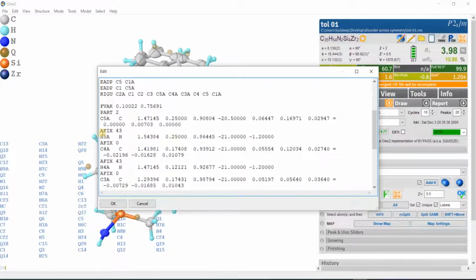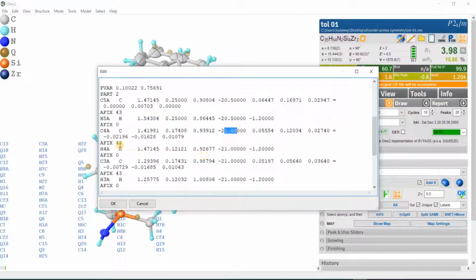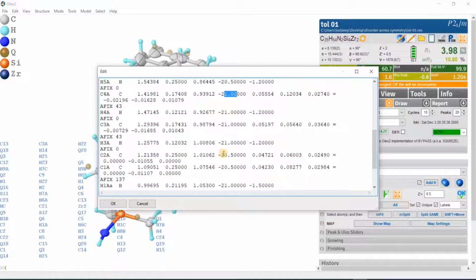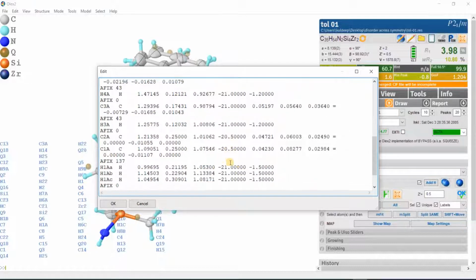Here C5A is only half occupied, so this should be 20.5. This is 21. This is 21. Okay. This is 20.5, 20.5. This should be 20.5.